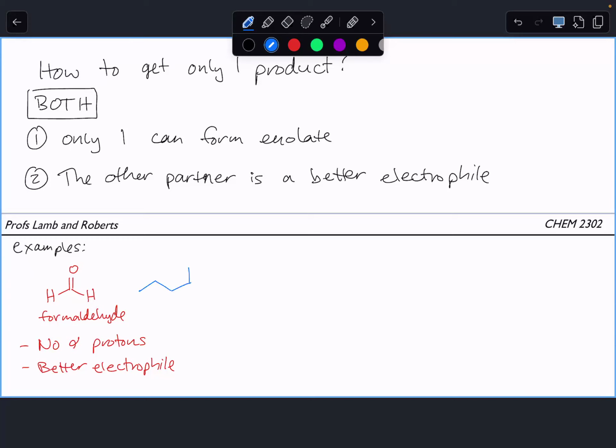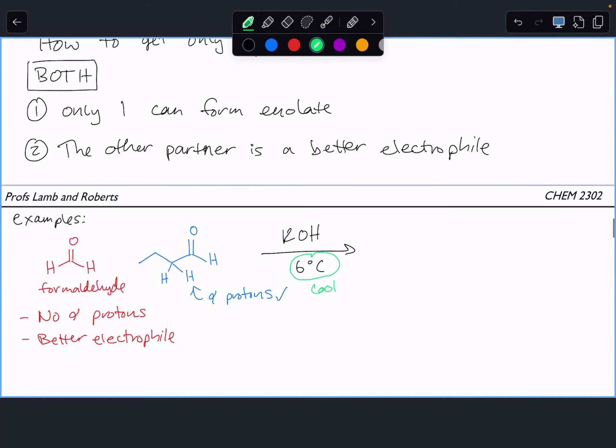And then we can basically use whatever aldehyde we want that has alpha protons as our nucleophile. Okay, so here we have alpha protons, which is good. So if we expose this to base, let's just give an example at 6 degrees. That means that we are cooling the reaction, which means it's going to stop at the addition product.